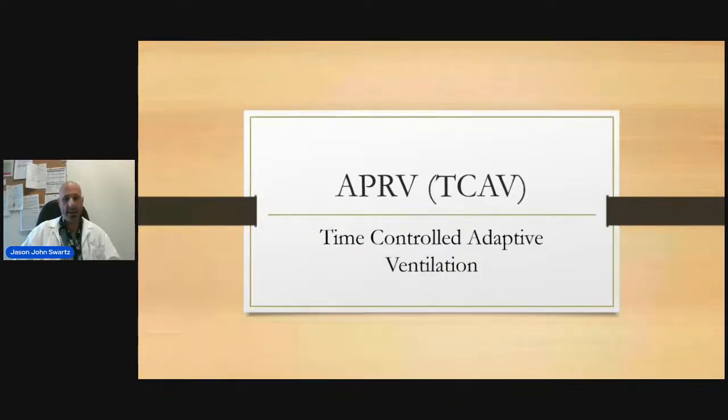Okay, so we're going to look at APRV, that stands for Airway Pressure Release Ventilation. And we're using APRV with the time-controlled adaptive ventilation method. With the TCAV method, we actually set the parameter, the P low, that we're going to talk about shortly, to 0.